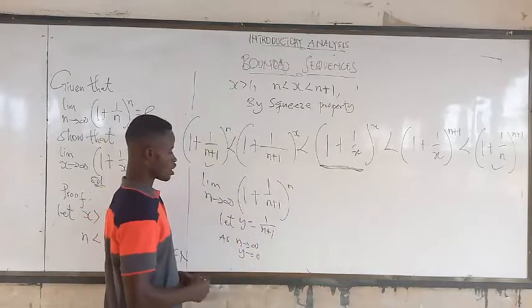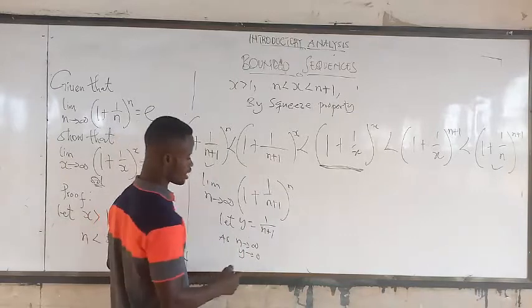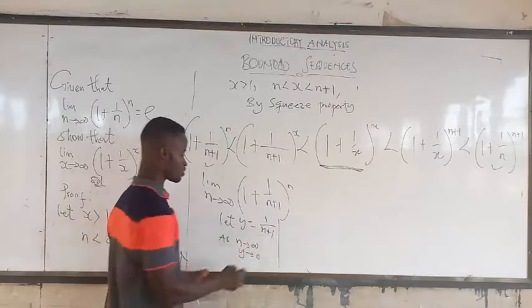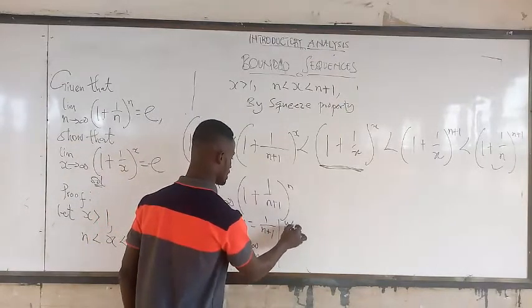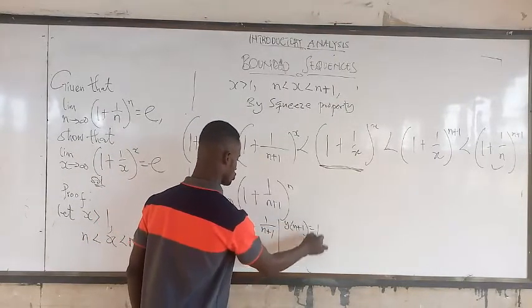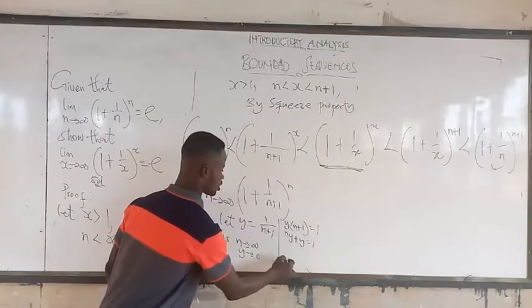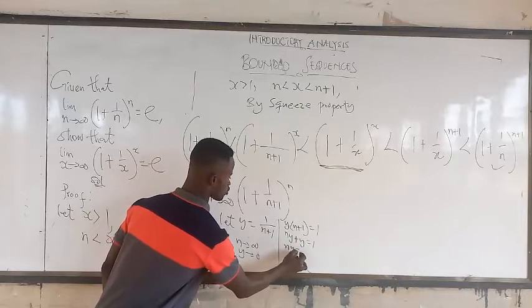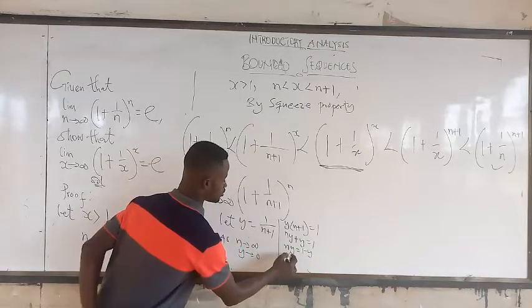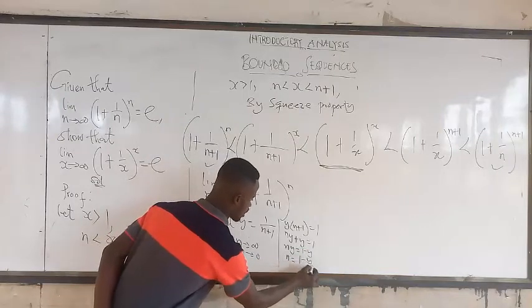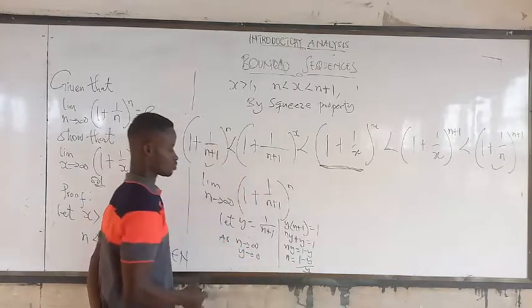When you make n the subject, you get y multiplying n plus 1 is equal to 1. So ny plus y is equal to 1. So ny is equal to 1 minus y. Divide both sides by y. You get n to be equal to 1 minus y over y.